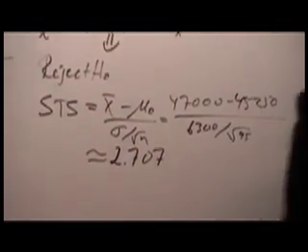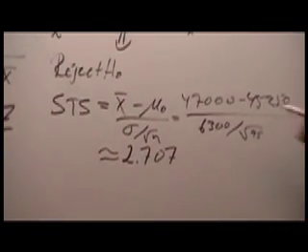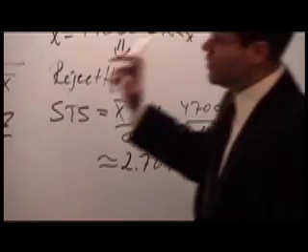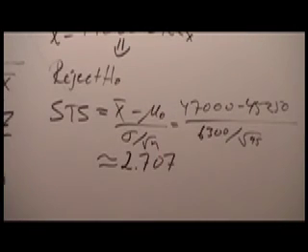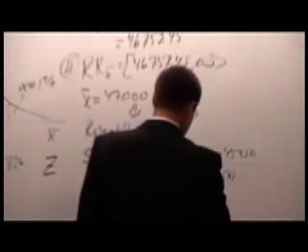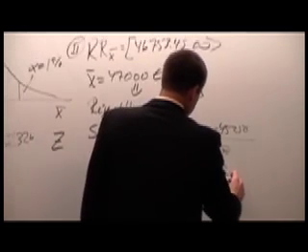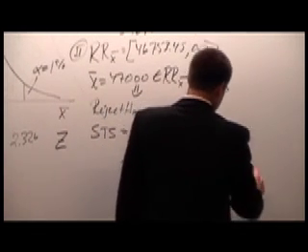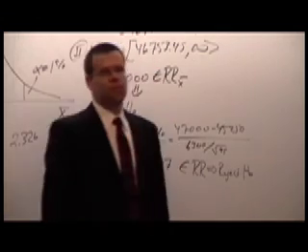Is that in the rejection region? And remember, now we're looking at the rejection region in terms of Z. Yes, it is. So we again reject the null with the identical conclusion.